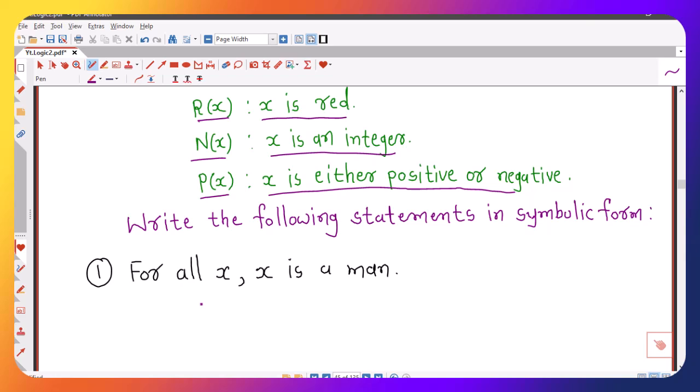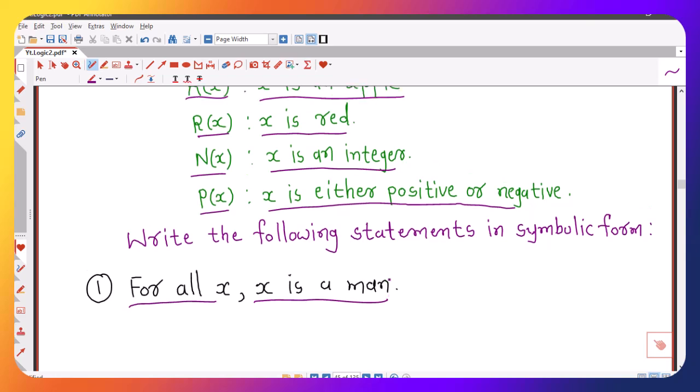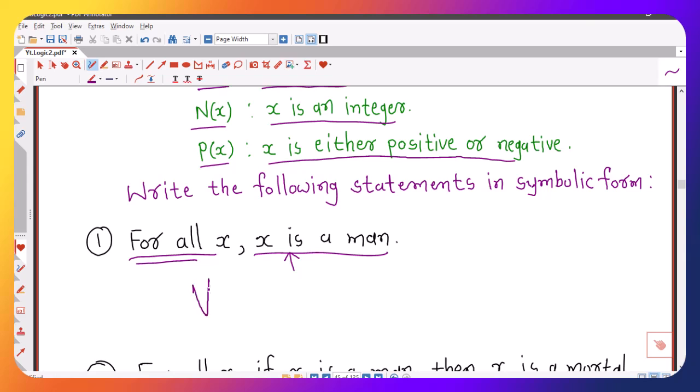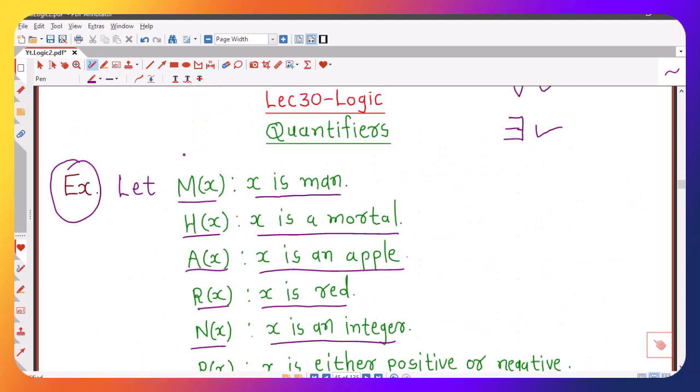The first statement is: for all x, x is a man. Whenever we want to say that some statement function is true for all x, we use the universal quantifier. So we write the symbol for all x, and x is a man, which we have denoted by Mx.